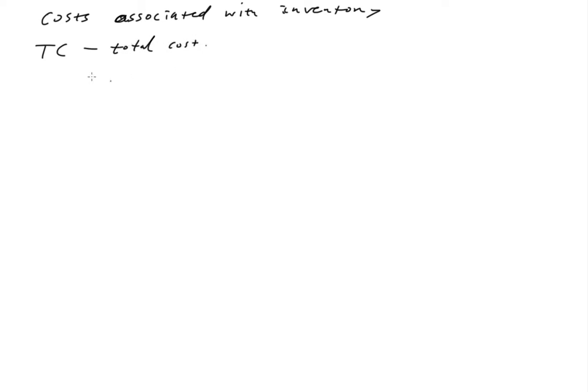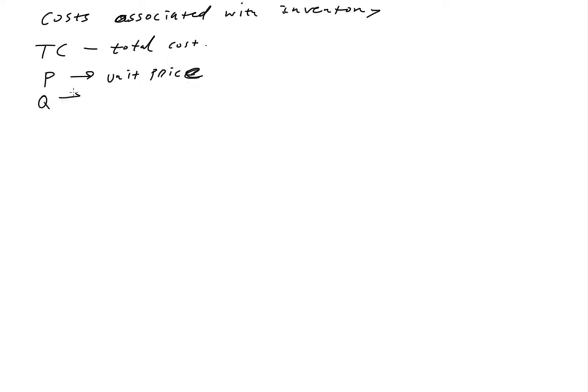Okay. So let's look at the costs associated with inventory. Okay, so first we'll have TC, and that's what we call our total cost. And the total cost is comprised of some other subcosts. P, which we're going to call basically the unit price, is a price per unit, so it's just how much it costs to order one unit from the factory.